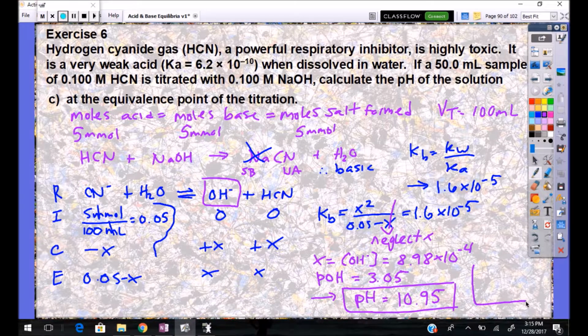If our graph is here, and this is 7, I've got a weak acid, and then boom, strong base, right? So I've got this very long buffer region, and then up here in that region of 10 to 11 is where I hit my equivalence point because I'm titrating with a strong base. So think back to the graph. Does the answer make sense? Certainly does.